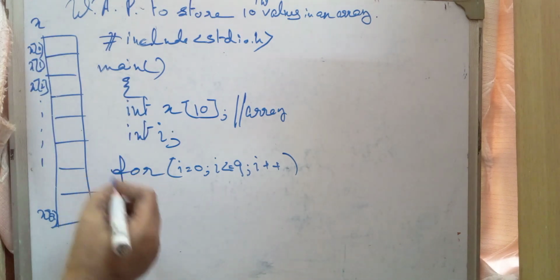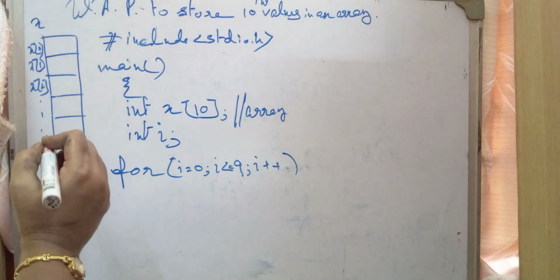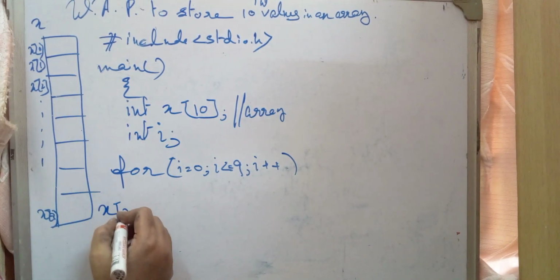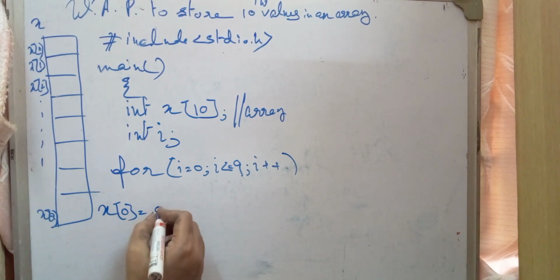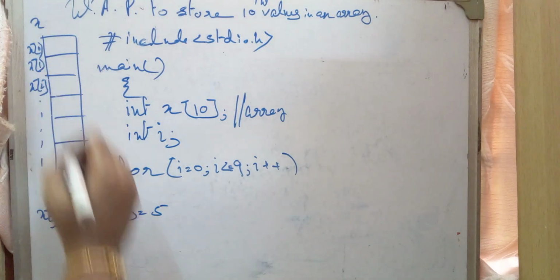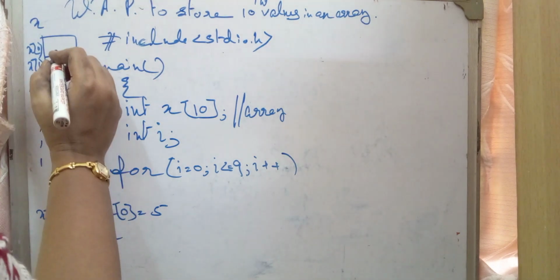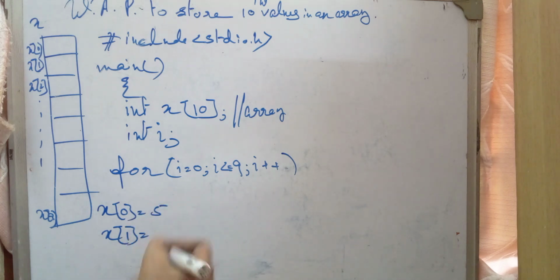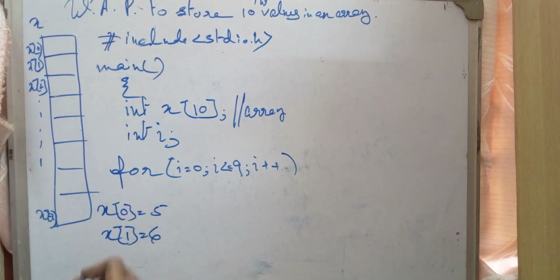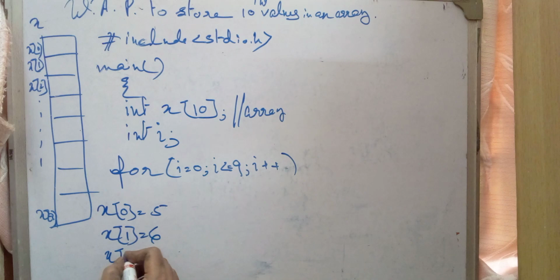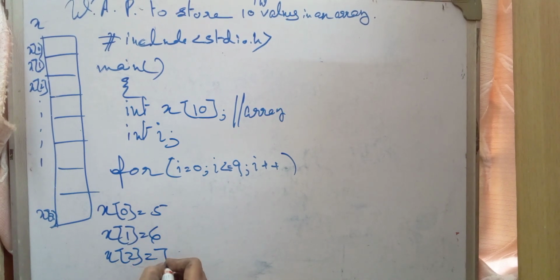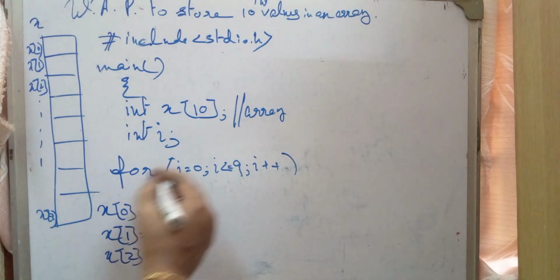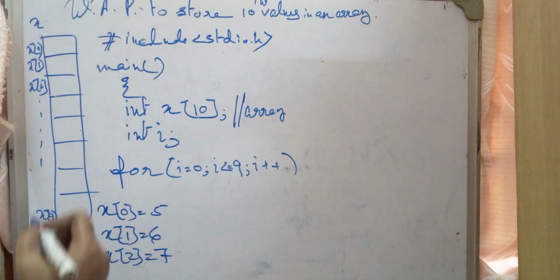When I want to keep a value in the first pocket, it will be x0 equal to the value, suppose 5, and in the second pocket x1, if I want to keep the value 6, in the third pocket x2, suppose 7. In this way I will have to follow. So I need a loop here.